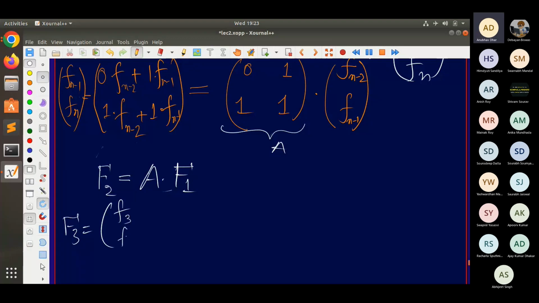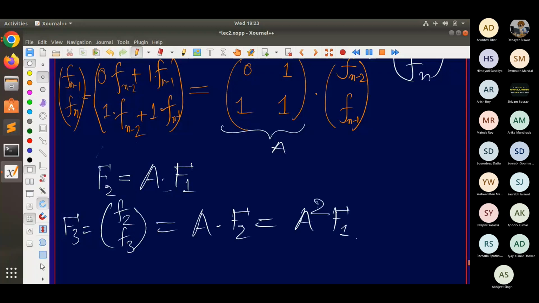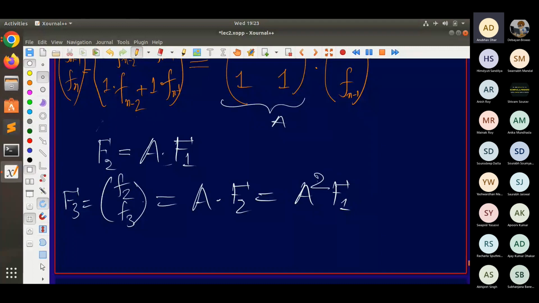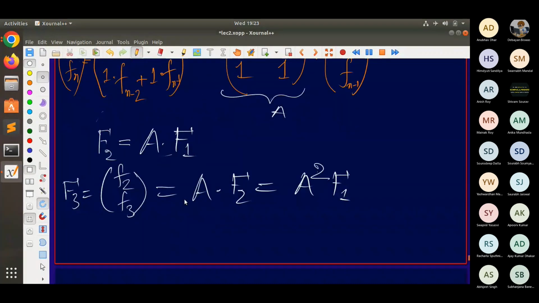So for F3, this is F2, F3, which is equal to A into F2, which is further equal to A into A square F1, right? So you can find this relation that Fn is equal to A power n minus 1 F1, right?